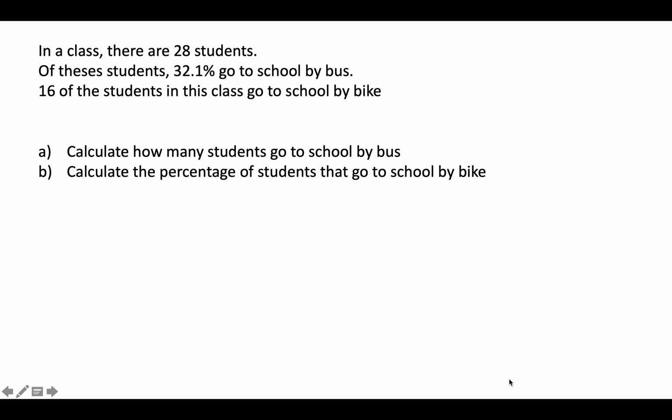For question B, calculate the percentage of students that go to school by bike. We have to change the rule, as in we have to calculate the percentage, and the percentage is always the amount divided by the base total times 100. So the amount of which you want to know the percentage divided by the base total.